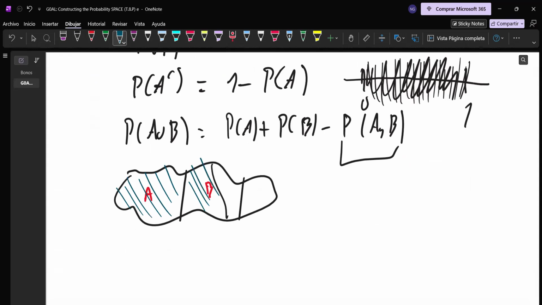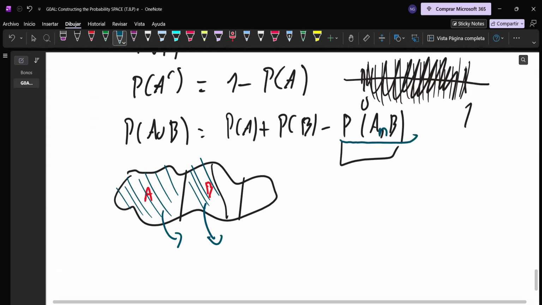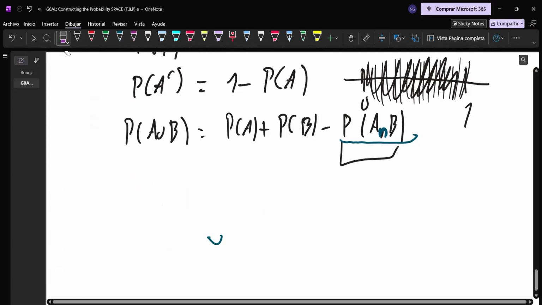Then I measure the probability of the intersection, which are the elements repeated in each subset, and I subtract this. This is a very important concept.